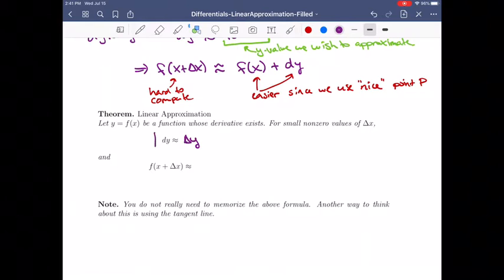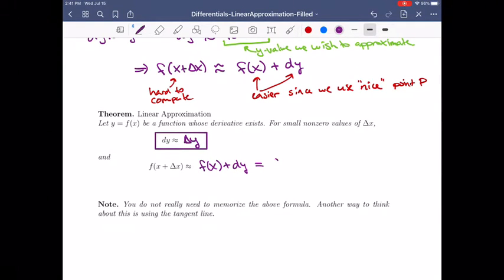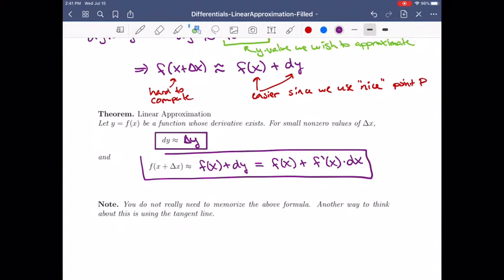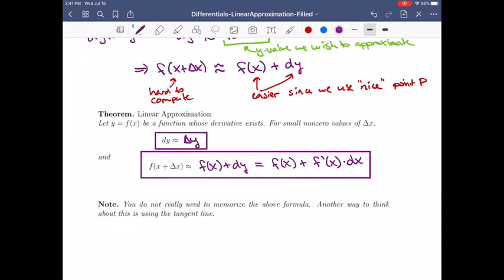And if we want to compute the y value f of x plus delta x, it should be approximately f of x plus dy, which we know how to compute. This is f of x plus f prime of x times dx. That's what we're going to use to compute this.